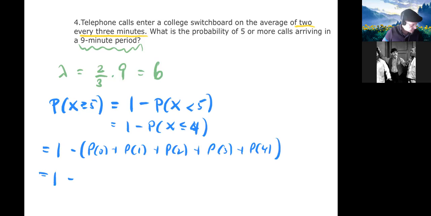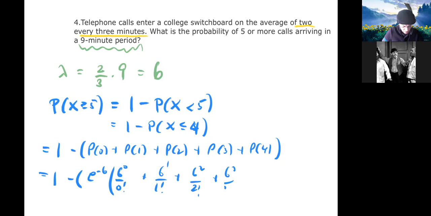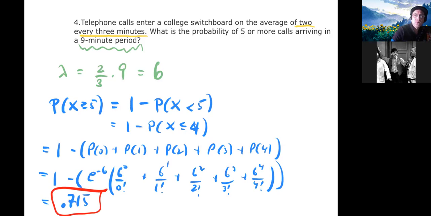It's 1 minus e to the minus 6, since e to the minus 6 is a factor of all these terms, times 6 to the 0 over 0 factorial, plus 6 to the 1 over 1 factorial, plus 6 to the 2 over 2 factorial, plus 6 to the 3 over 3 factorial, plus 6 to the 4th over 4 factorial. This can all be computed on your calculator, and you get 0.715 as the actual answer. So that is problem 4, and that's the last problem I wish to do today.